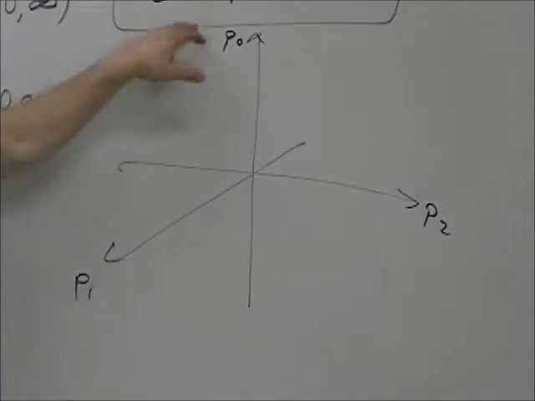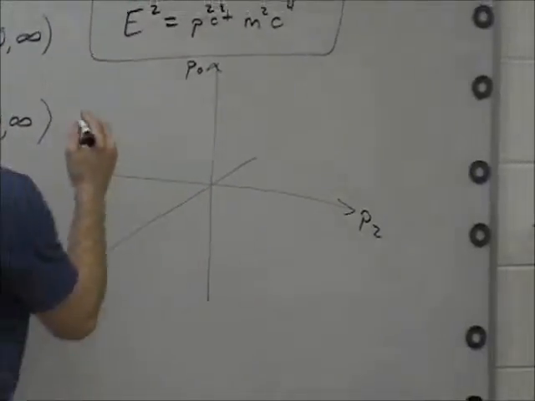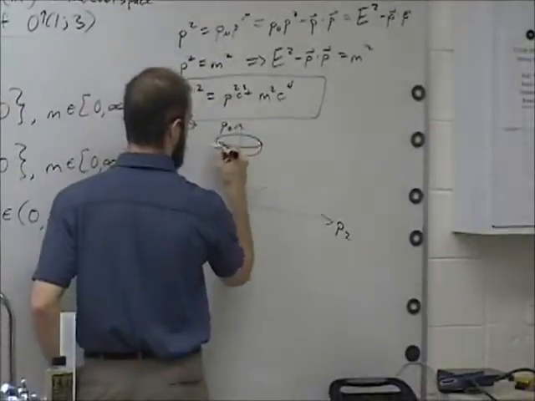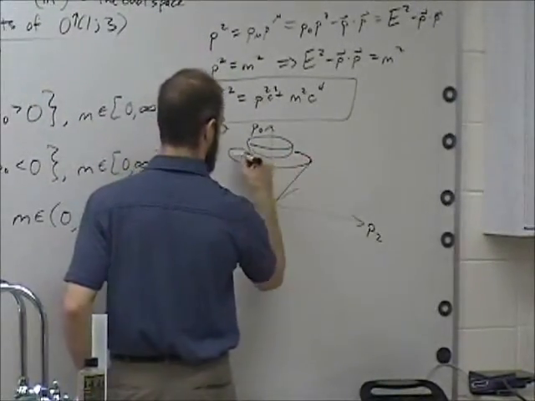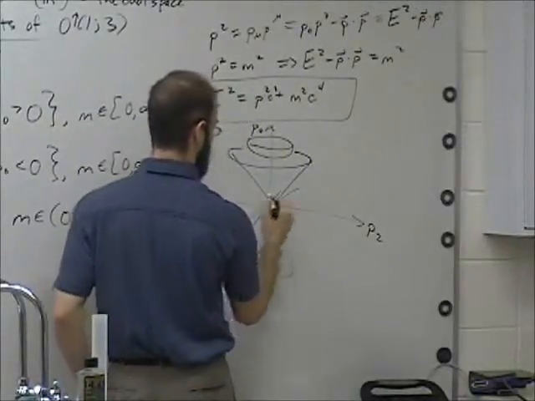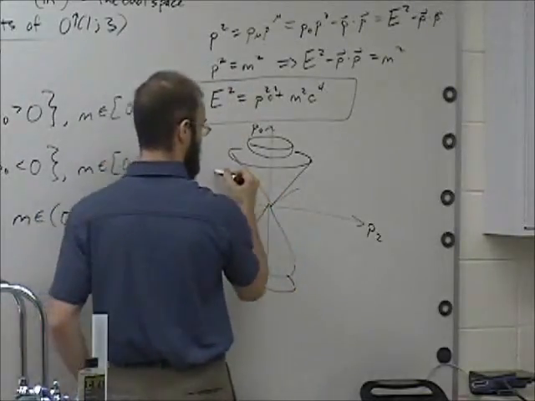This is the time dimension, usually. So what I get is that picture that I had over here, and then the cone. And then there's something that comes out the bottom here, that's the other half.